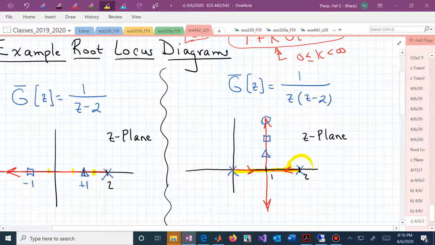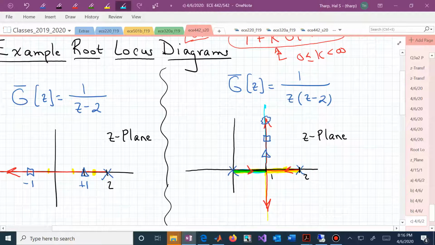But we have two poles, so we are going to have two branches. If this branch starts at 2, then it's either going to go up or down. Let's just say it goes down. Then the other branch starts at 0, and it will go up. Why do we know that?